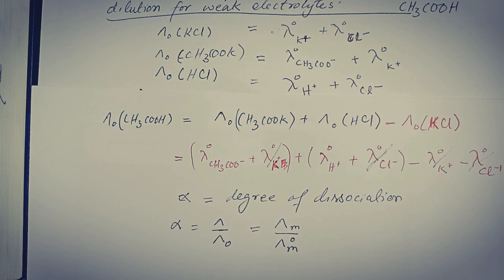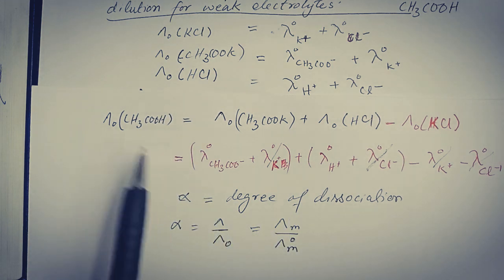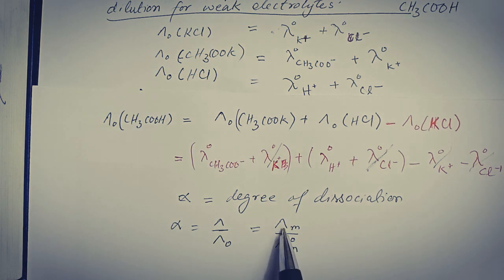The value of the molar and equivalent conductances at infinite dilution can be calculated from the indirect method as explained for the case of acetic acid, and the values of equivalent and molar conductance can be calculated from the experimental method by taking any concentration of the electrolyte species.